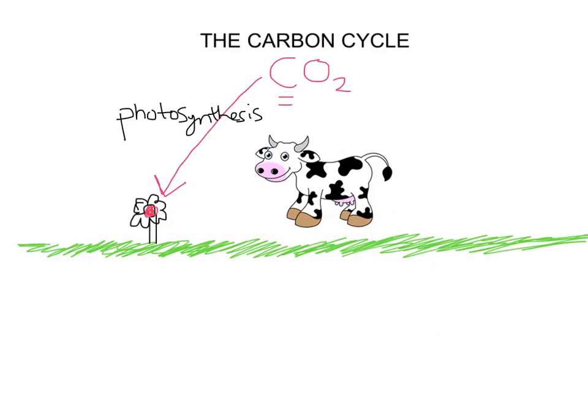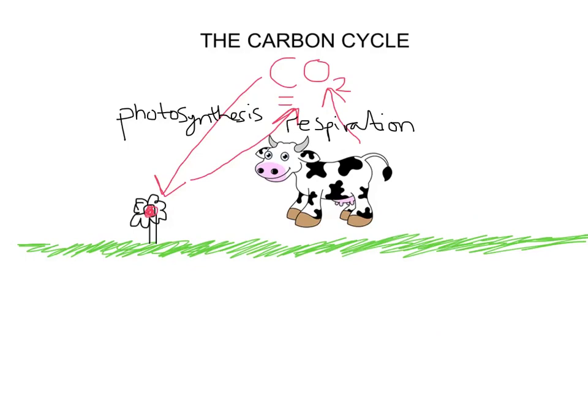But we know that the plant respires and gives out CO2, so that can be put back. And equally, when the animal respires, when this herbivore respires, it will too release CO2 back into the atmosphere. So the second label that we can put in is respiration. So we've got CO2 being taken in for photosynthesis, given out for respiration.